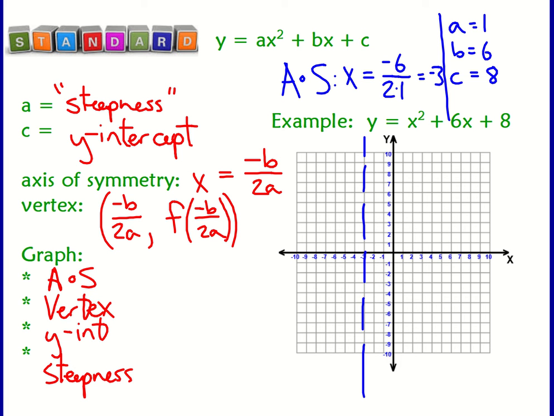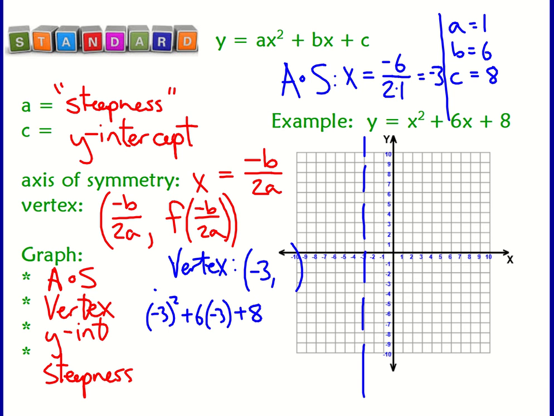If I take negative 3, which is the x-coordinate, and substitute it in, I can get the y-coordinate of the vertex. I'll come over here where I have room to do that. The x-coordinate I know is negative 3. For the y-coordinate, I'll substitute negative 3 quantity squared plus 6 times negative 3 plus 8.